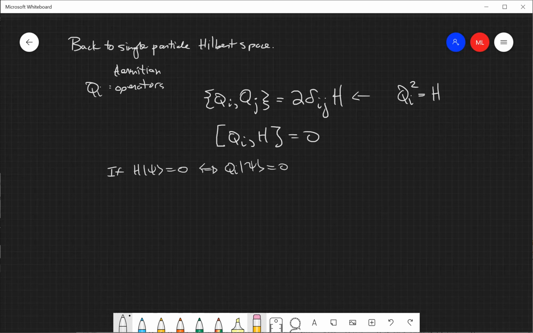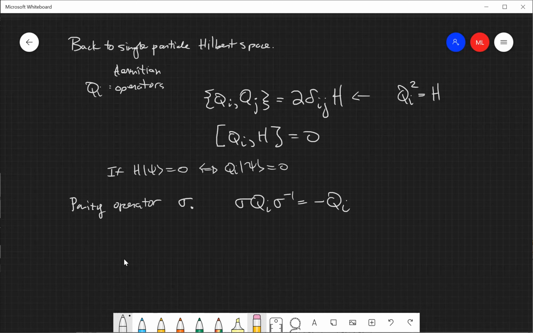And you can also define an interesting parity operator, sigma, which has the following property: if you take one of these Q_i operators and act with it, it gives you minus that.